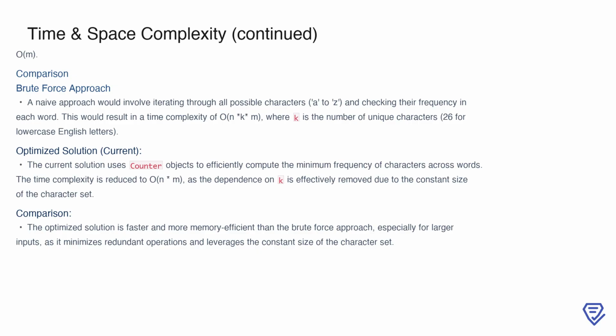By focusing only on the characters that are present in the words, the dependence on K is effectively eliminated, reducing the time complexity to O(n*m). This improvement makes the optimized solution significantly faster and more memory efficient, especially for larger inputs, as it avoids unnecessary computations and takes advantage of the constant size of the character set.